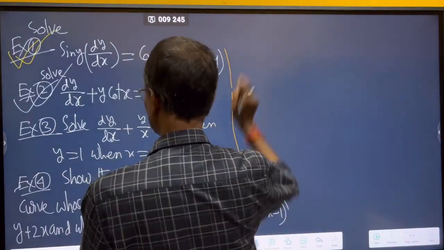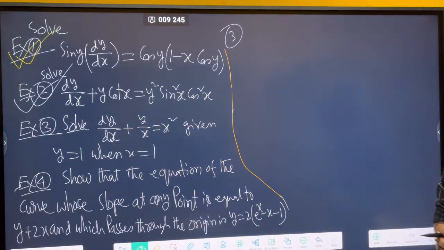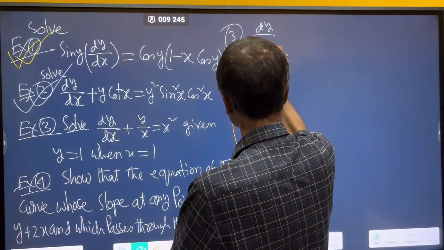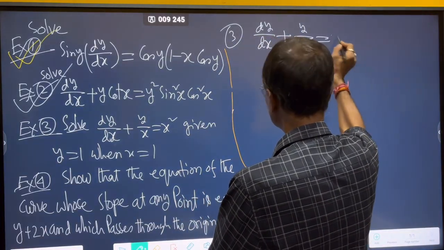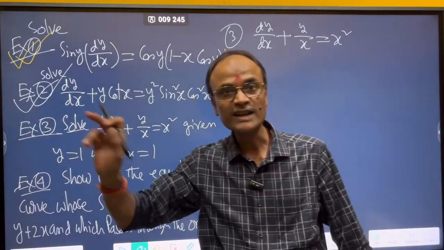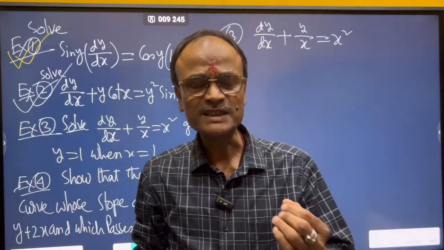Question number 3. What is 3? Very simple. dy by dx plus y by x equal to x square. Given that y is equal to 1 when x is equal to 1. That is a particular solution.